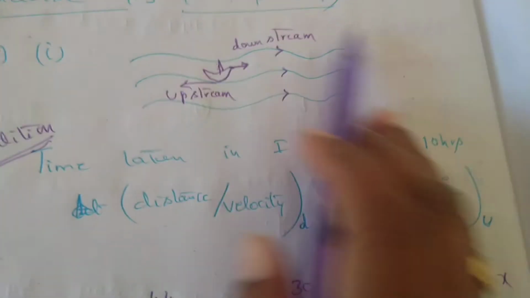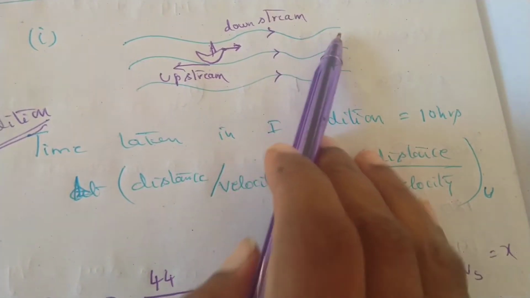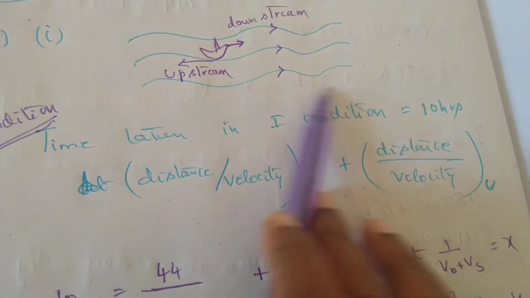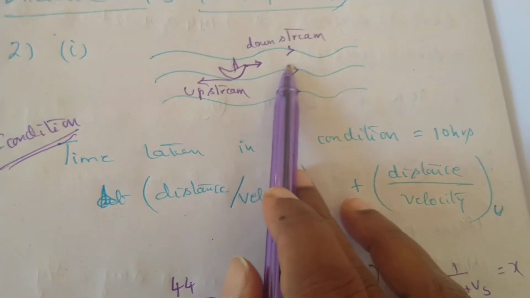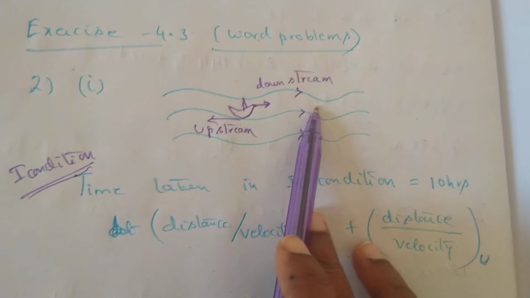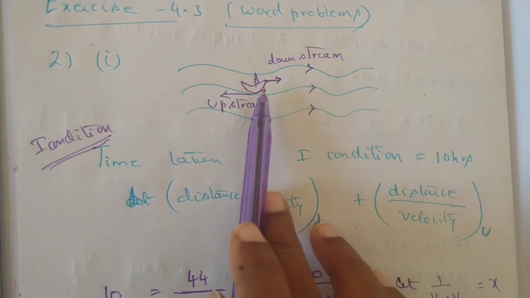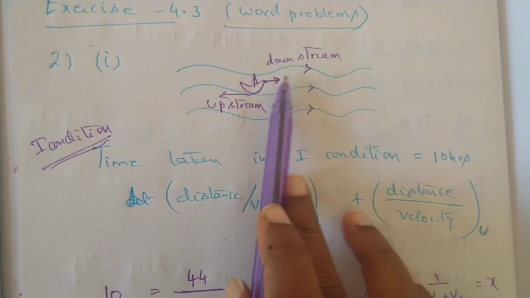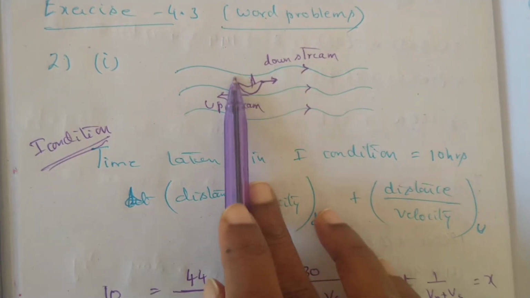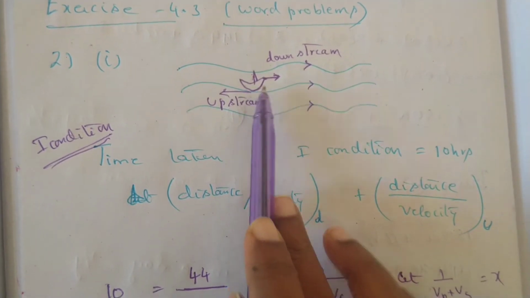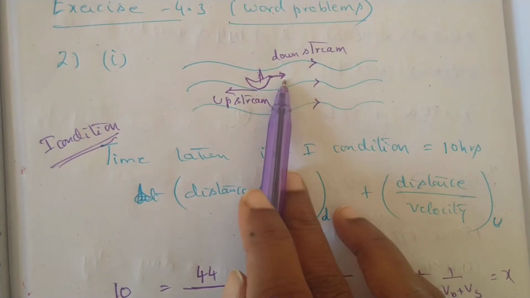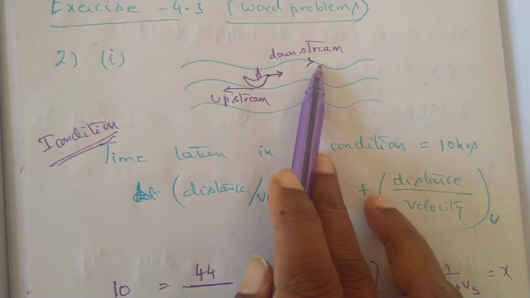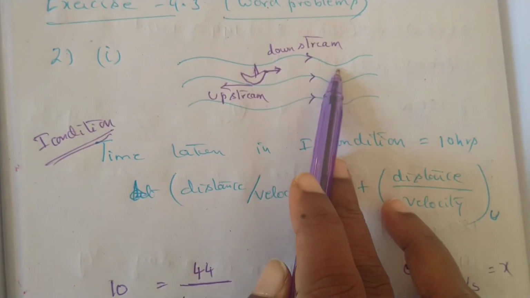Let us suppose that this is how the stream is moving, from left to right. Now when the boat is moving in the same direction as that of the stream, that is called downstream, and the net velocity is vb plus vs, where the velocity of the boat is vb and the velocity of the stream is vs. Now the speed increases here.